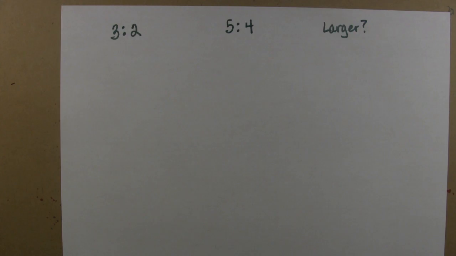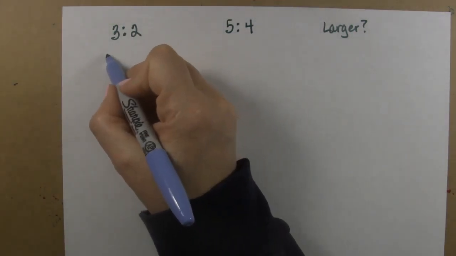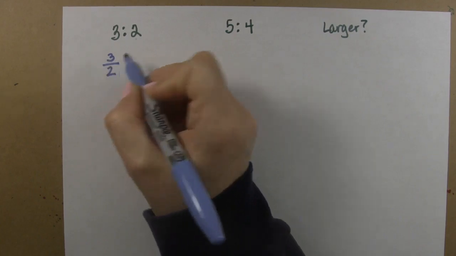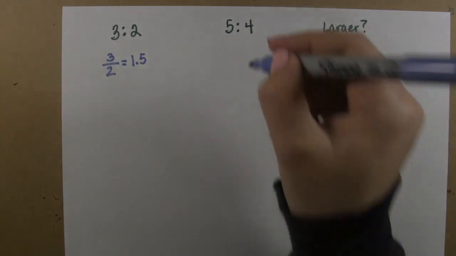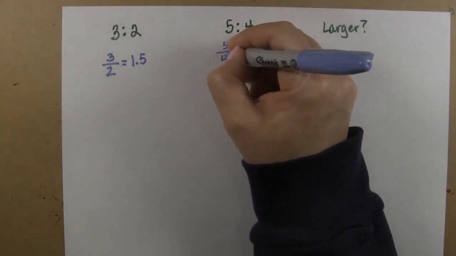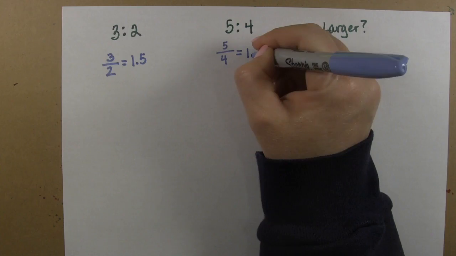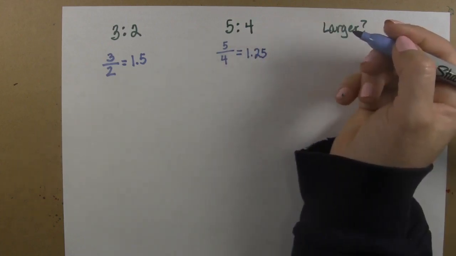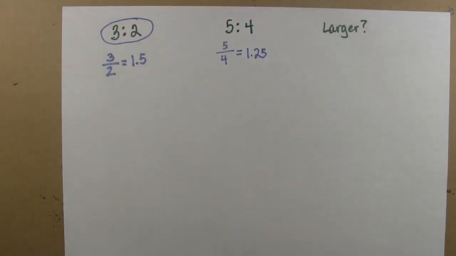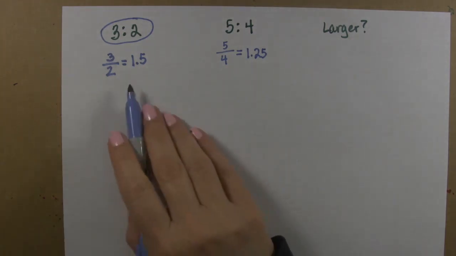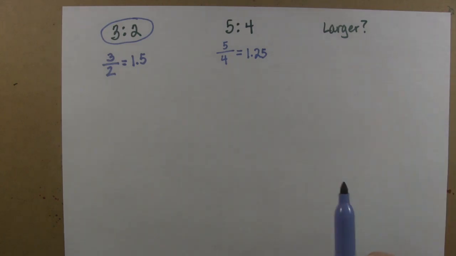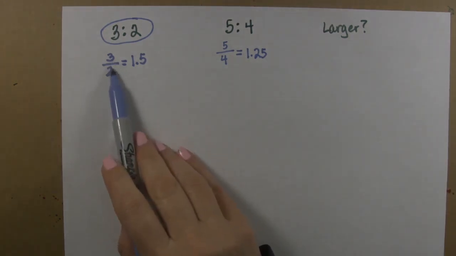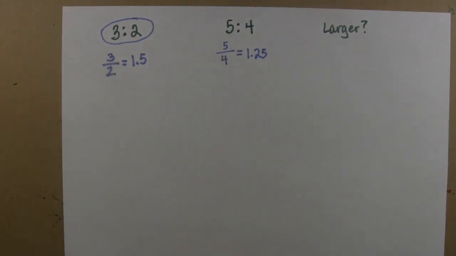Well, the way that you would solve that is you would set each ratio up in fractional form, 3 over 2, and you would actually divide that and get 1.5. And here you would do 5 over 4, and you would divide that and you would get 1.25. That means that this is a larger fraction. Why? Because 1.5 is bigger than 1.25. Okay, so it can be very helpful to set it up in fractional form like this.